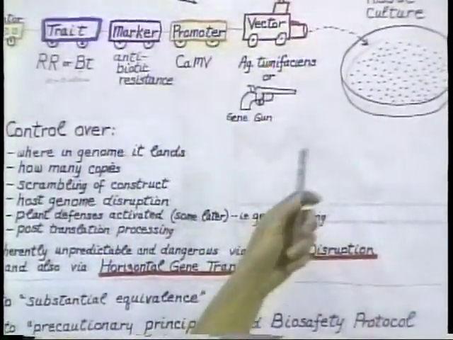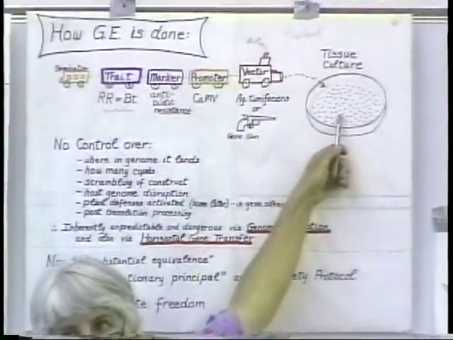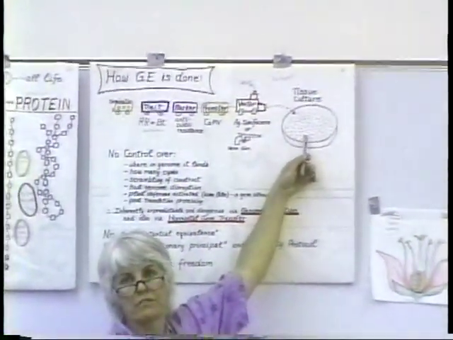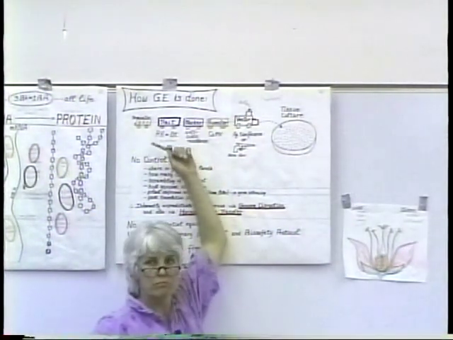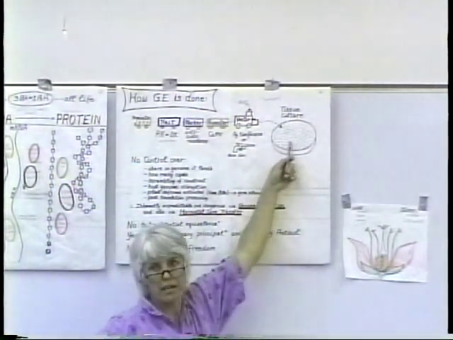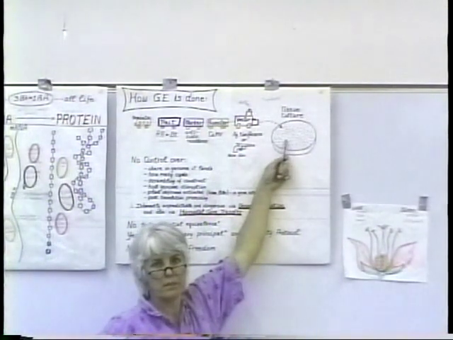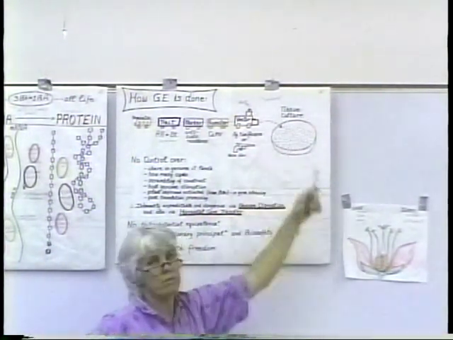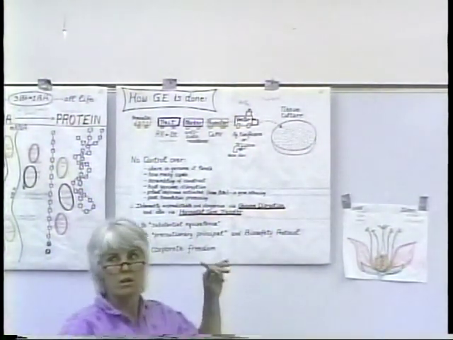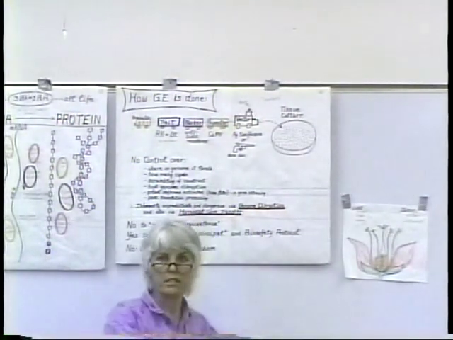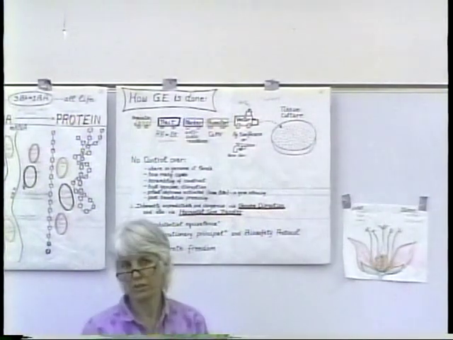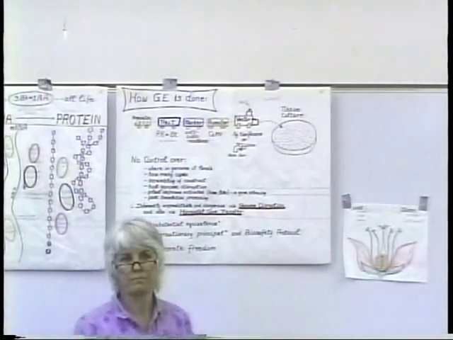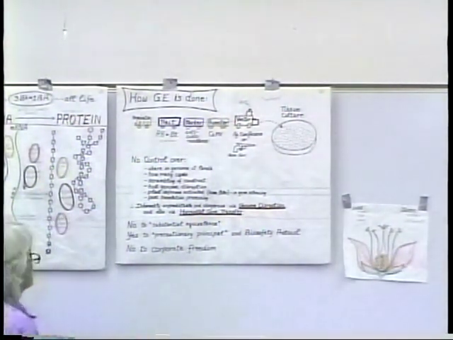And then maybe only about 1% of these cells will be successfully expressing the package. Then they grow those cells out to plants. Say we're making a BT potato. Maybe 1% of those that we're growing out actually are good potatoes, because a whole bunch of them are going to be freaks, messed up.